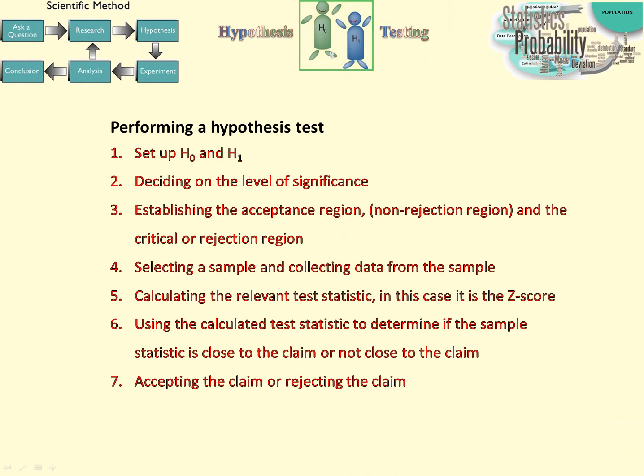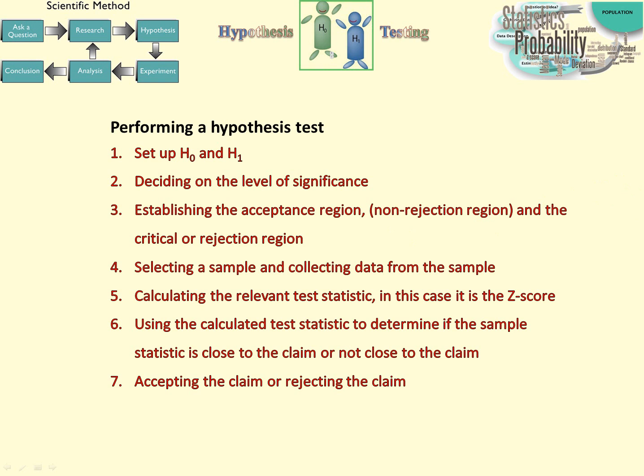So we've already established the steps in performing a hypothesis test. Set up the null hypothesis and the alternative hypothesis. Decide on the level of significance, whether you want 5%, 2.5%, 1%, relating to the 95, 97.5, 99% in the Z-score, etc. Establish the acceptance region or non-rejection region and the critical or rejection region.